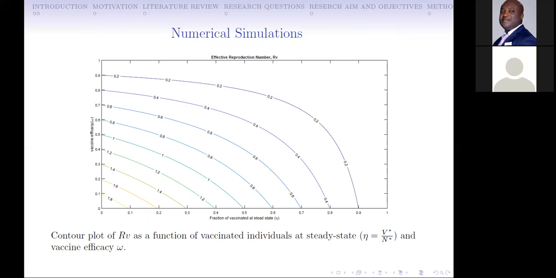This figure shows the contour plot of the effective reproduction number as we vary two parameters: the fraction of vaccinated individuals at the disease-free equilibrium and the vaccine efficacy.